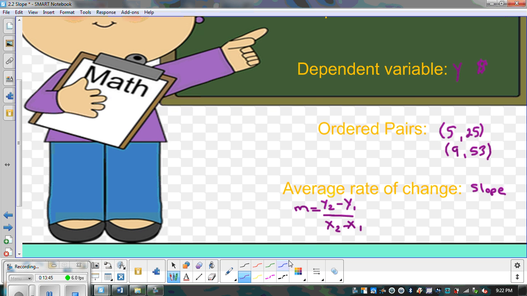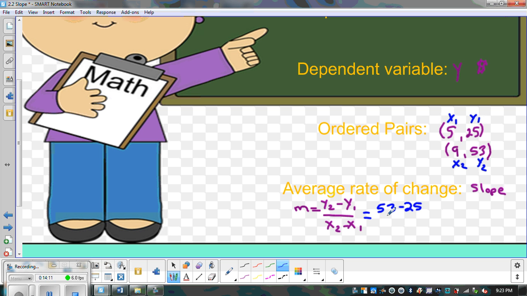So in case you need a little reminder, you might want to label your points. These are the x and y coordinates from the first point, and these are the x and the y coordinates from the second point. So when I go to find my slope, the y from the second minus the y from the first. 53 minus 25.